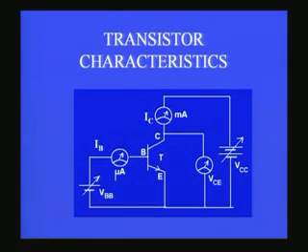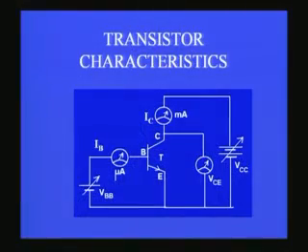Now, before we make use of any device, we should fully understand its potentialities, how well it can be used in different applications. So, in order to understand the full application potential of a transistor, we must have a clear understanding of its characteristics.